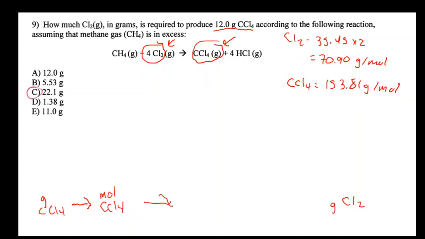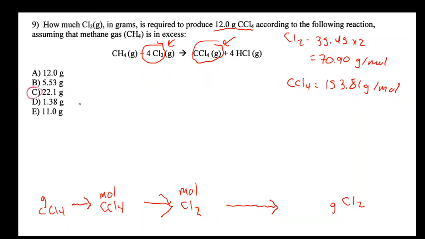And now that we're on the reaction, we can readily convert from moles of one to moles of another. So we can go from moles of CCl4 to moles of Cl2. And then once we have moles of Cl2, that's easy enough to convert back to grams of Cl2 once we know the mass, which we just calculated. So we just want to chain these calculations together.